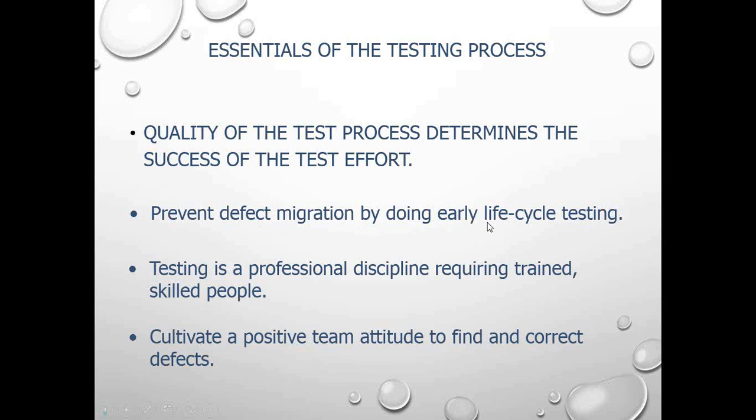Prevent defect migration by doing early life cycle testing. If you are waiting till the last minute of the process, you are going to get a lot of issues in the late stage. Whereas if you start testing at the early stage, when it is in the initial stage of the work, you have the opportunity to eliminate the unnecessary defects and issues which you may get into during the late stage of the process.